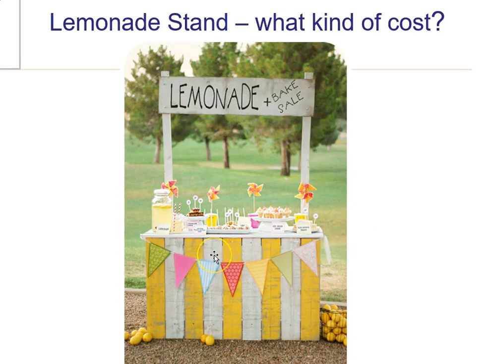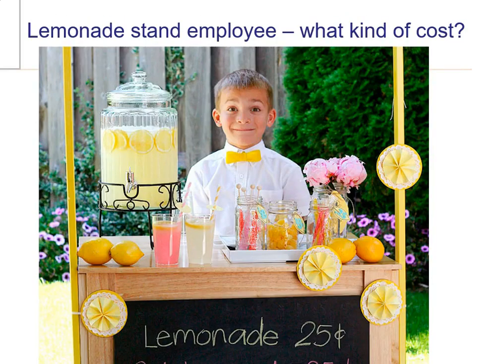So this lemonade stand represents an example of a fixed cost, or a cost that doesn't change as you sell more lemonade. So what might a variable cost look like? How about this guy, hiring this employee. You want to sell more lemonade? Well, hire this guy to work for you longer. So this is an example of a variable cost.